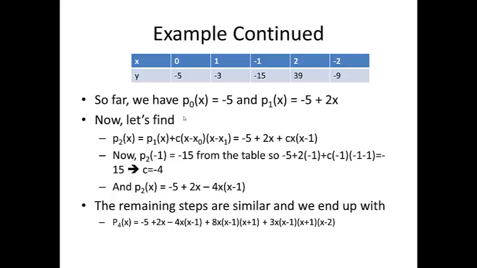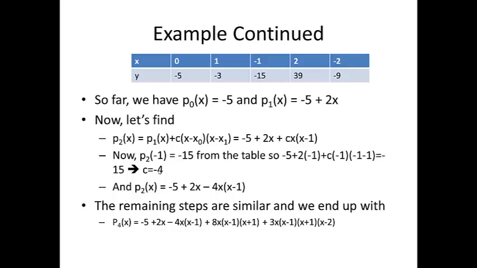And p2 evaluated at minus 1 is minus 15 from the table, and so we get minus 5 plus 2 times minus 1 plus c times minus 1 times minus 1 minus 1 is equal to minus 15, and after a bit of algebra we get that c is equal to minus 4. And so p2 of x is minus 5 plus 2x minus 4x times x minus 1.